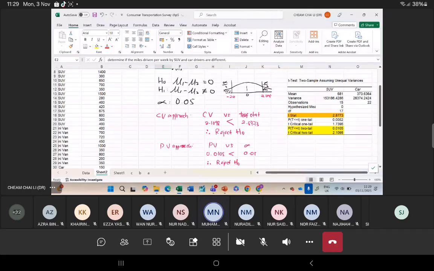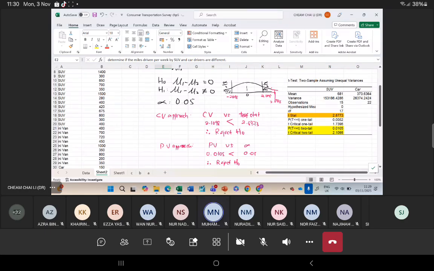Next, you look for where your t-test value lies. 2.8 lies on this side, somewhere here, 2.8773. That means it falls in the rejection region. So this is correct, the decision is reject H0.